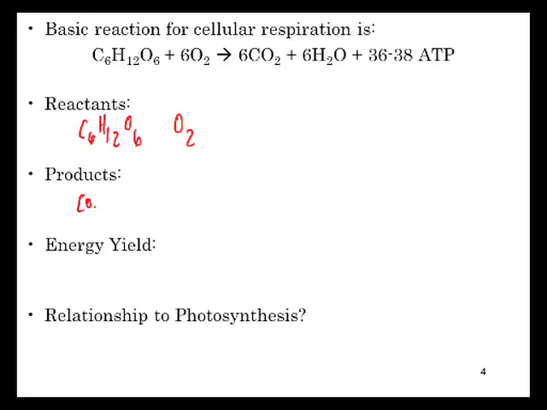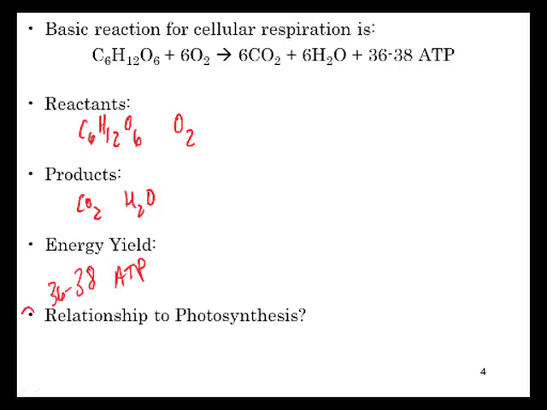And what we get then is carbon dioxide and water. We don't really count ATP as a product because it's in the form of energy, but we get 36 to 38 ATP. You probably all learned this reaction in 5th grade, 6th grade, 7th grade, 8th grade, definitely high school when you took high school biology.